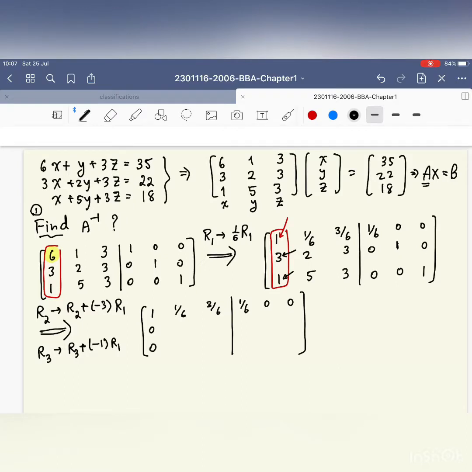For R2, you multiply -3 by R1 first and then add it to R2. So you have -3 over 6, which is -1/2, add with a 2, so you have 3 over 2.